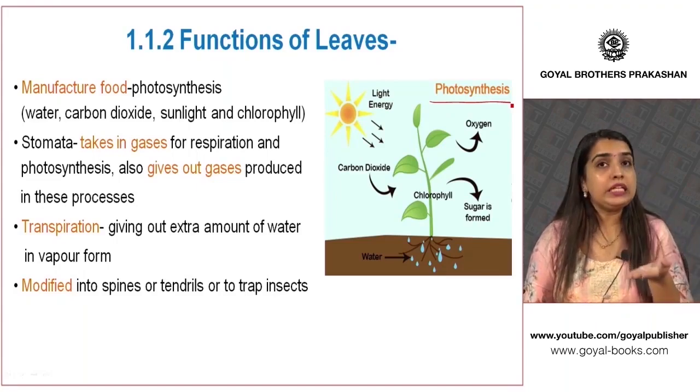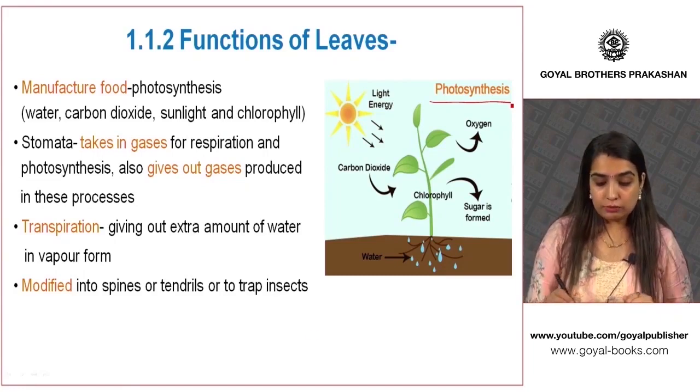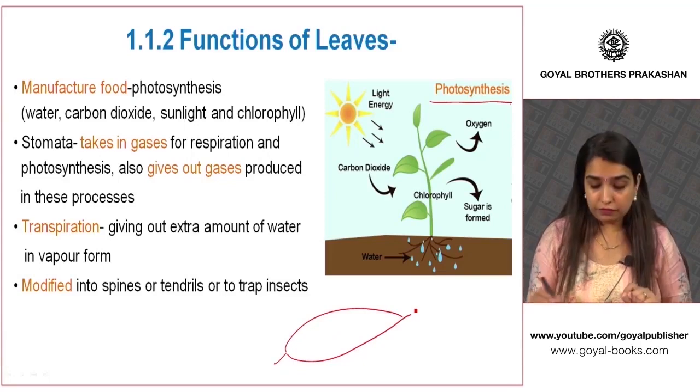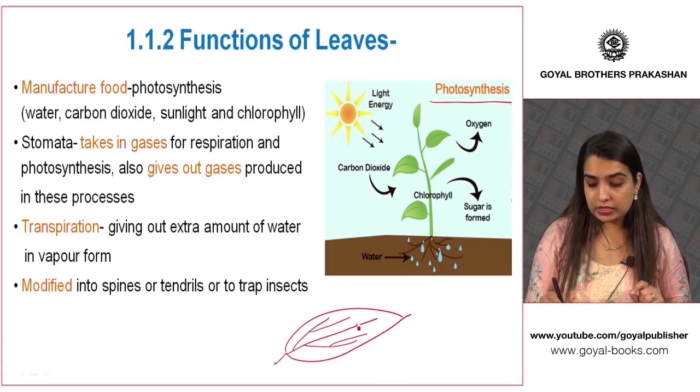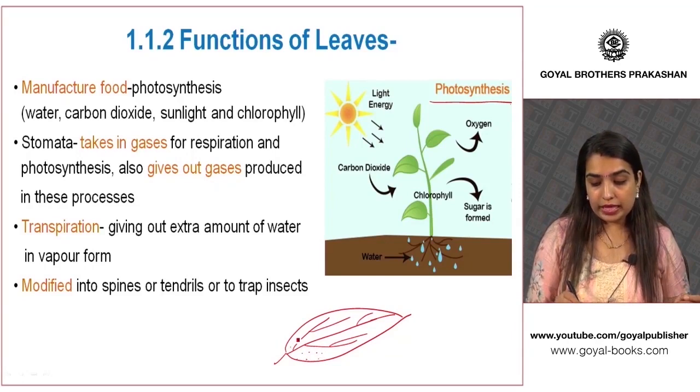If you look at a leaf's underside, so I'm drawing a picture here which depicts an underside of the leaf. You would notice that when you have these veins running across, you also see tiny dots everywhere, and these tiny dots are nothing but stomata. They cover the entire portion of the leaf.